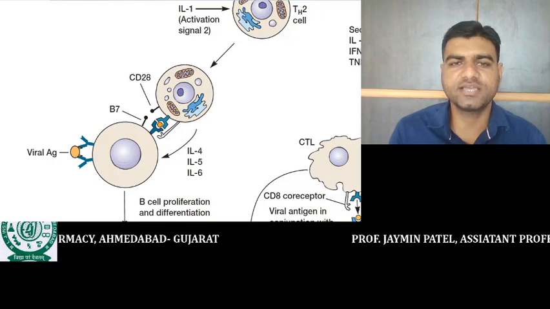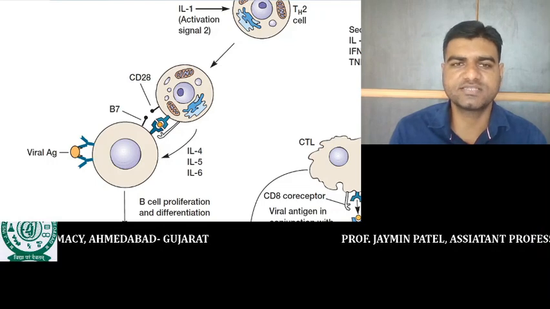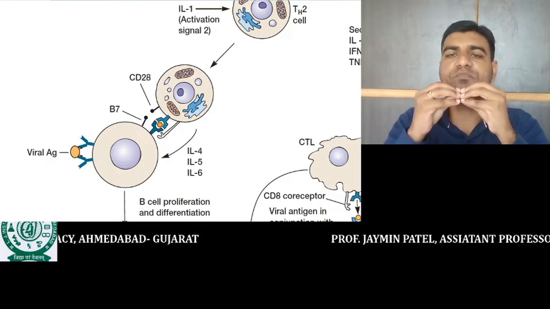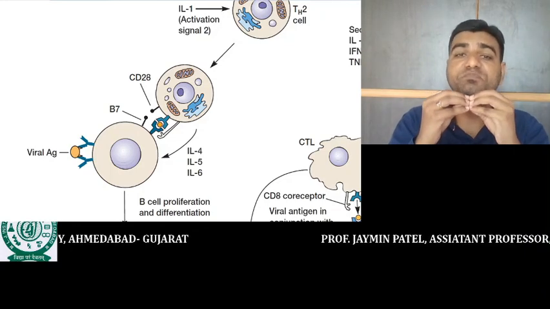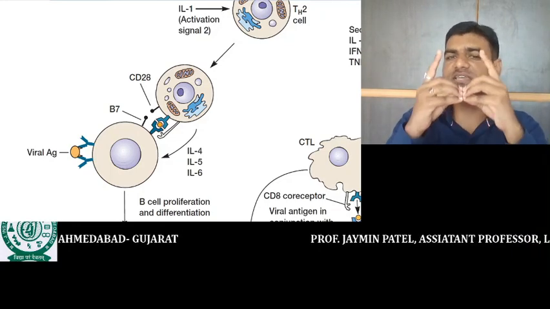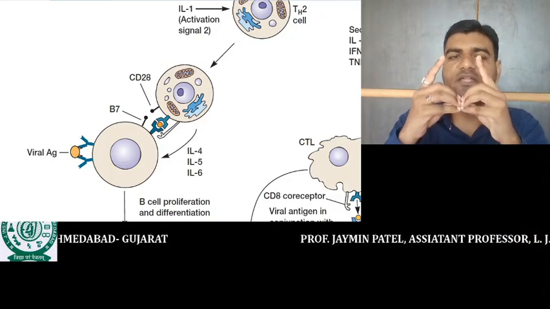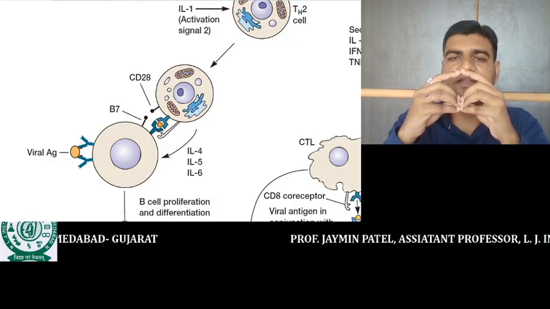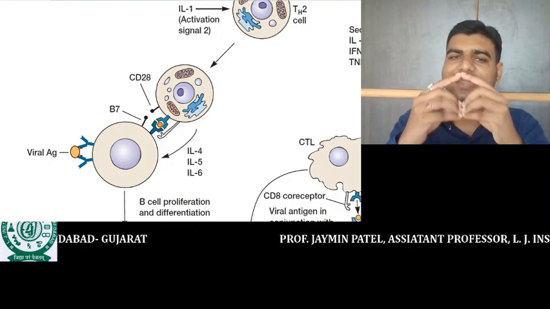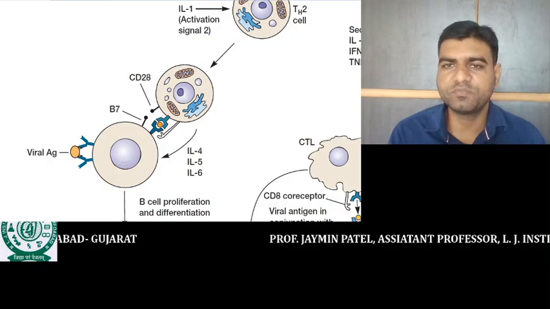This first connection provides the first signal for the activation of the B cell. The second signal is again the same: CD28 and B7 are connected to each other, which provides the second signal for the activation of the B cell.